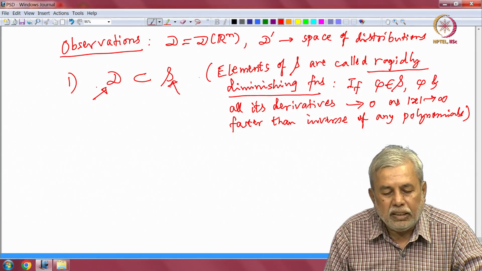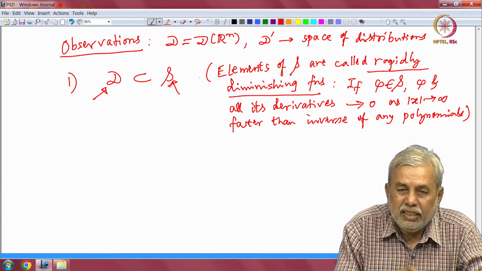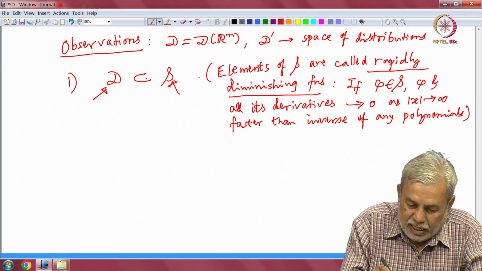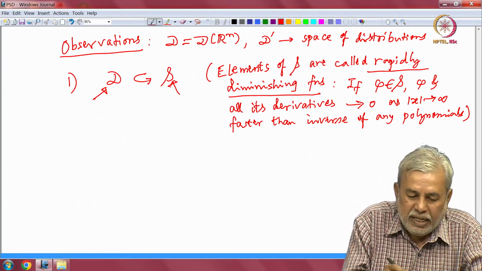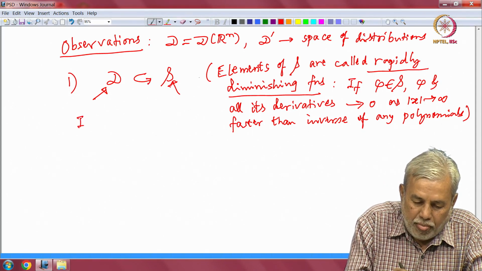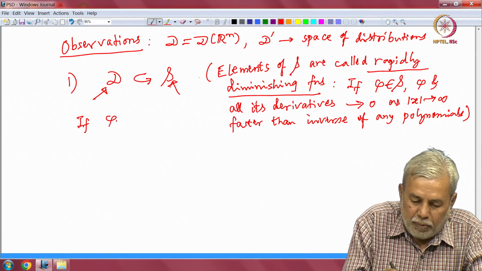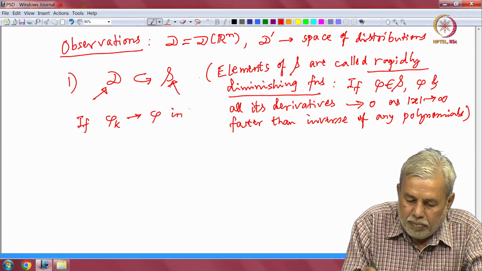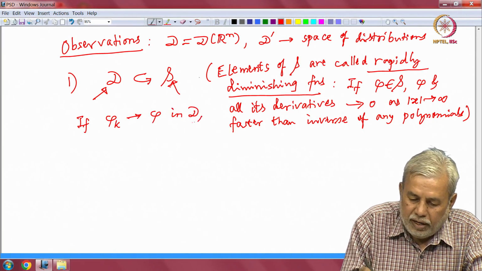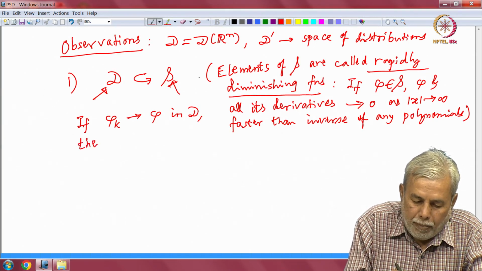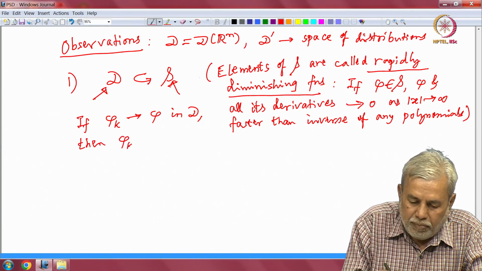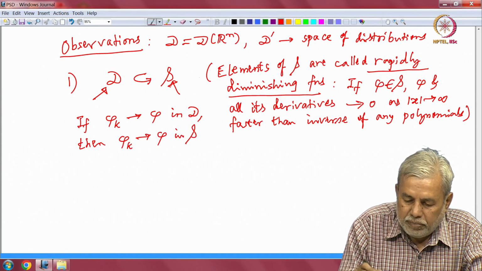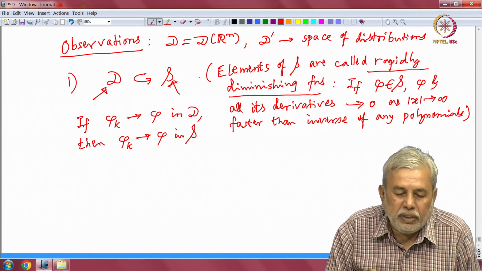So, the topologies are different, this D and S. Nevertheless, this inclusion is also continuous, meaning if phi k converges to phi in D, then phi k also converges to phi in S. So, this inclusion is continuous.